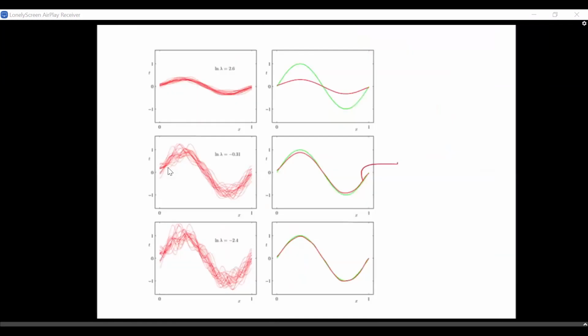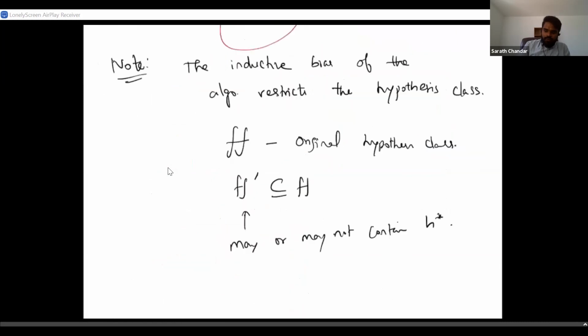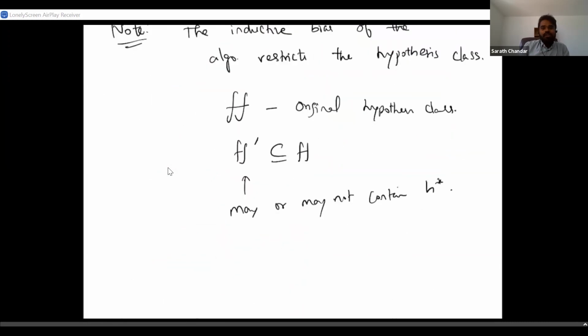Okay, so now this H hat might or might not have the true H star, right? For example, case one is where, let's say we were lucky enough to choose a model which includes H star, right?